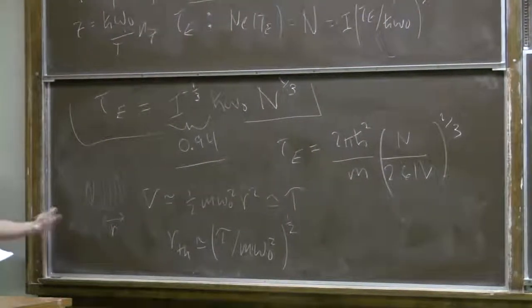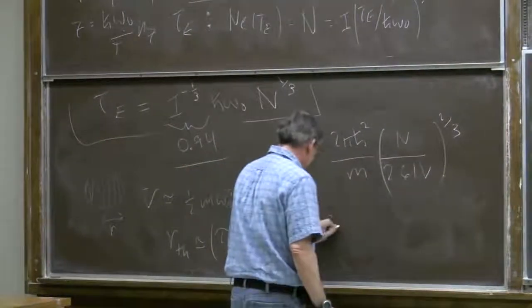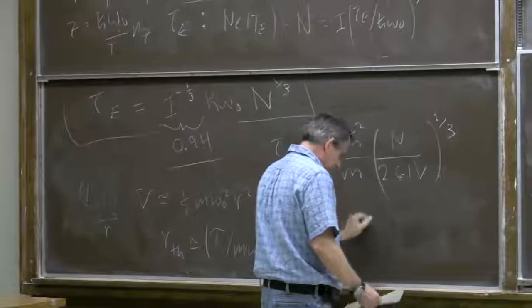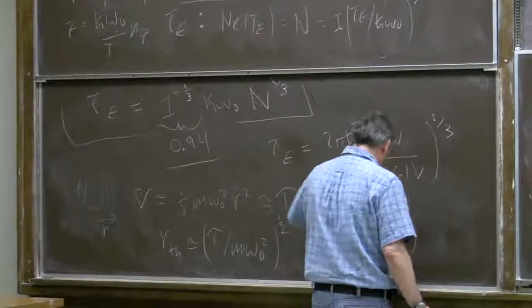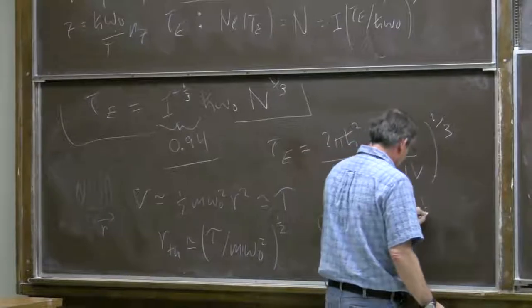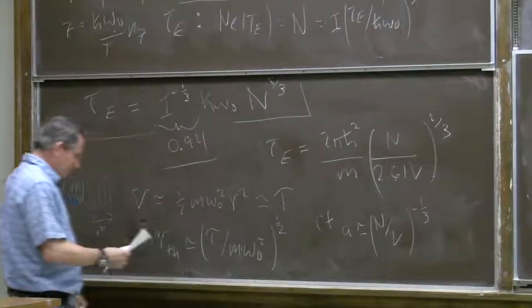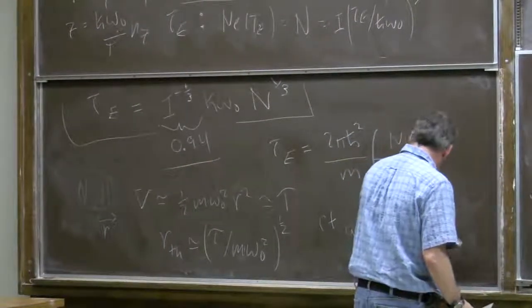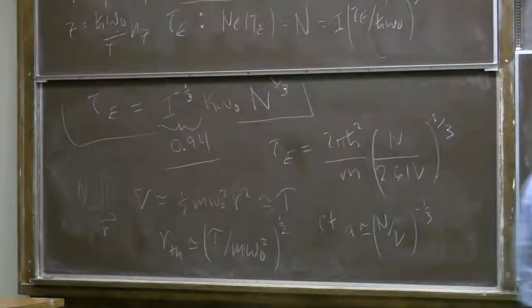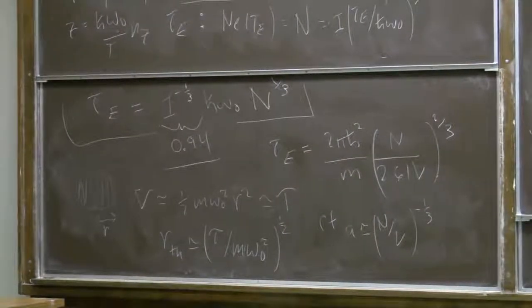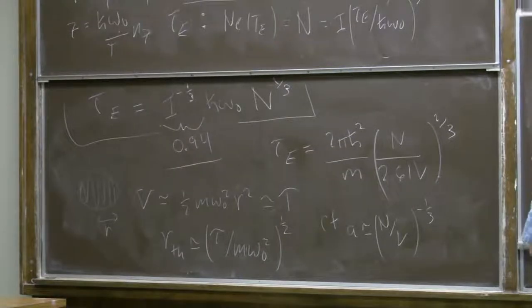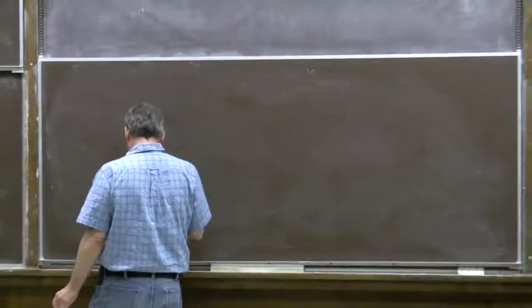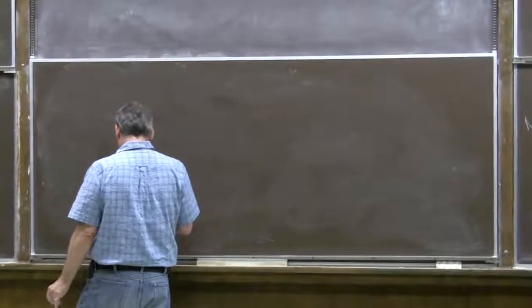The interatomic spacing is the number of particles per volume to the minus 1/3. Call that A. I already called it A. So I can write that using this expression for the volume.